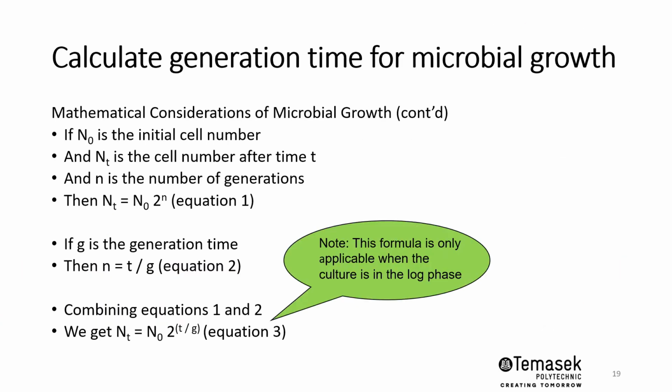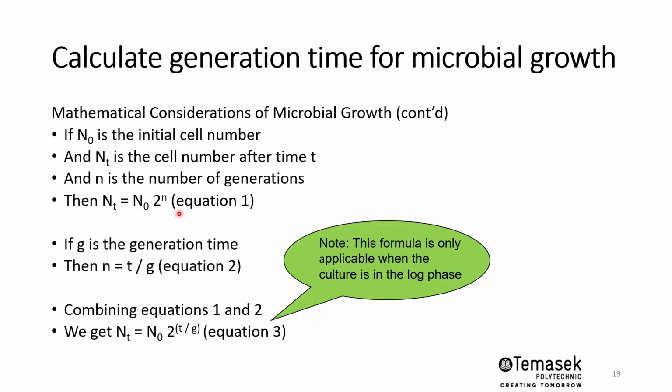So let's take a look at the equations that we can derive to form a formula to calculate generation time for microbial growth. If you assume that N naught is the initial cell number, Nt is the cell number after time t, and n is the number of generations, then the first equation will be Nt equals N naught times 2 to the power of n.